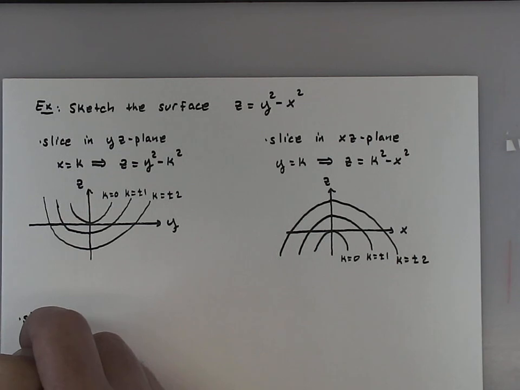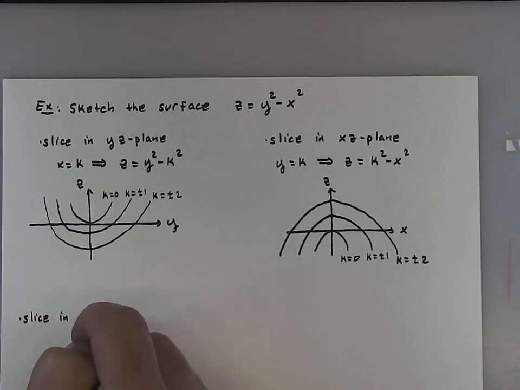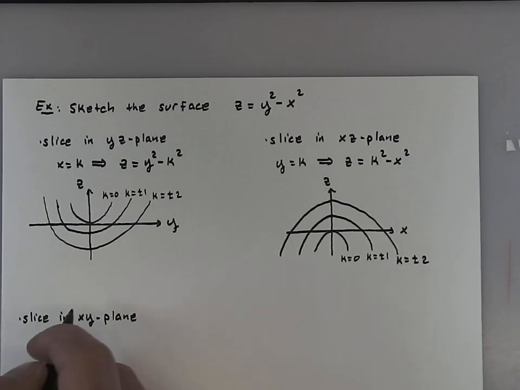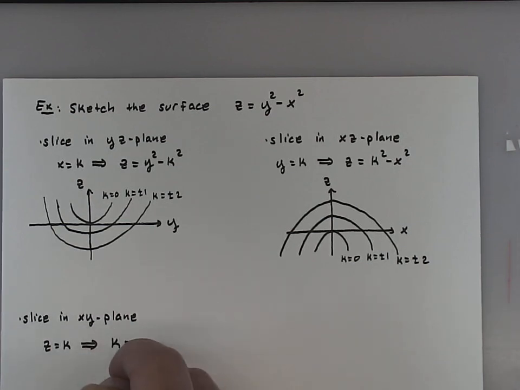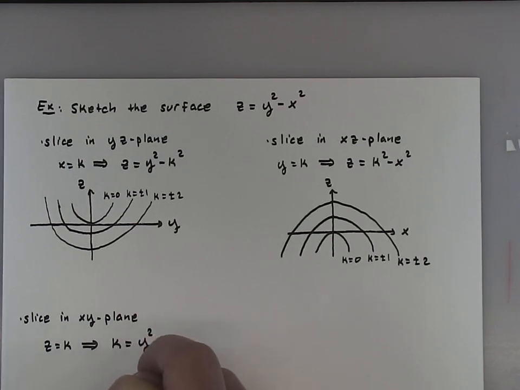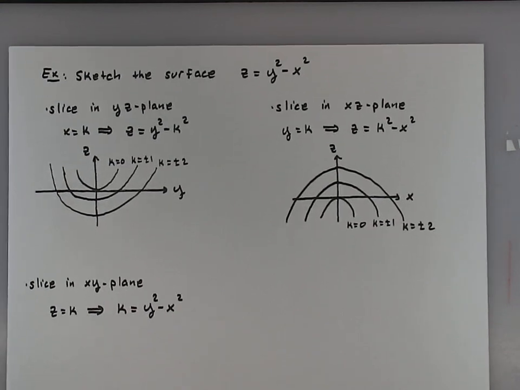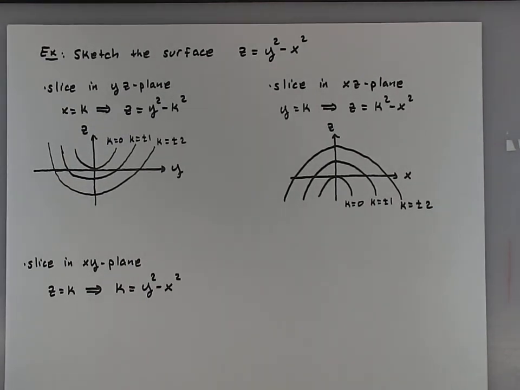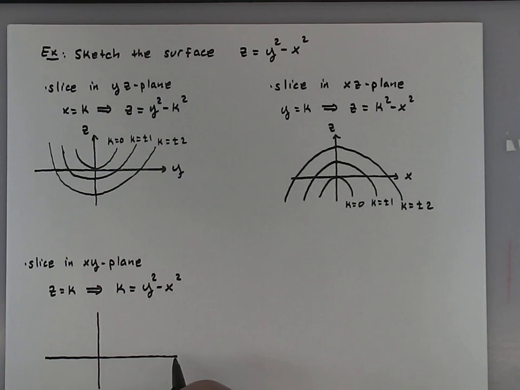So the traces are parabolas also in the xz plane. Last, if I take a slice in the xy plane, which means z is a constant, then k is equal to y squared minus x squared. This is a family of hyperbolas.